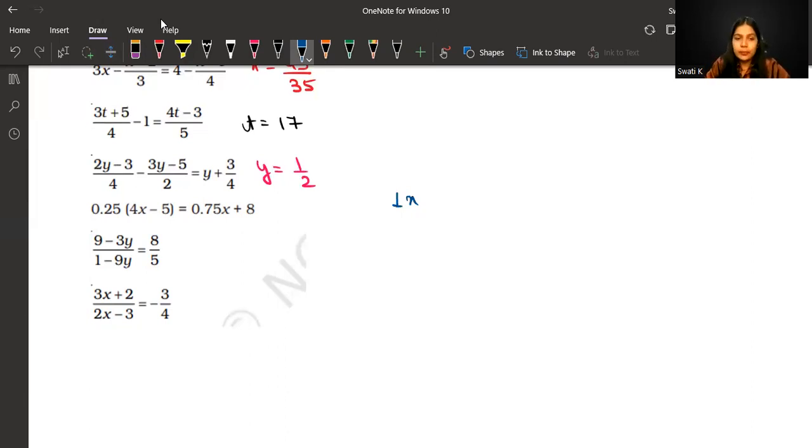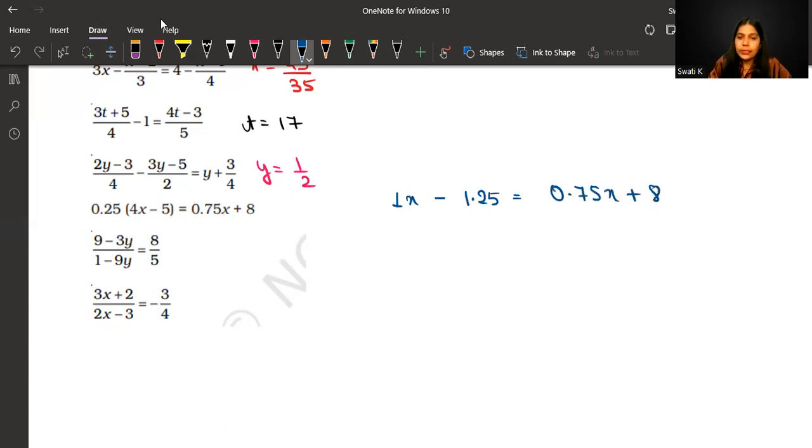Minus 0.25 times 5. So this is going to be 1.25, okay? Because, let me check, yeah, that is correct. So equals 0.75x plus 8.